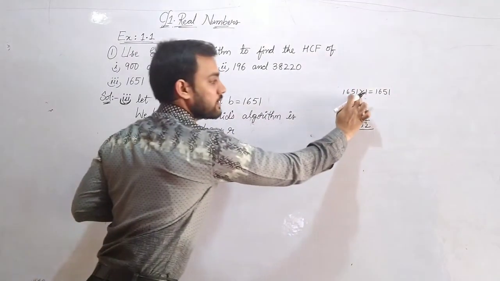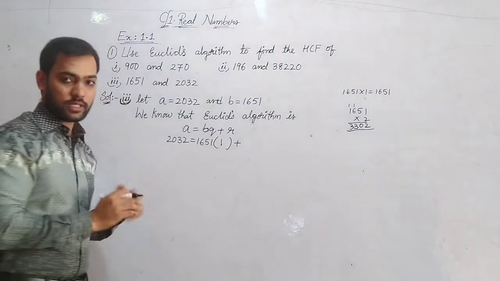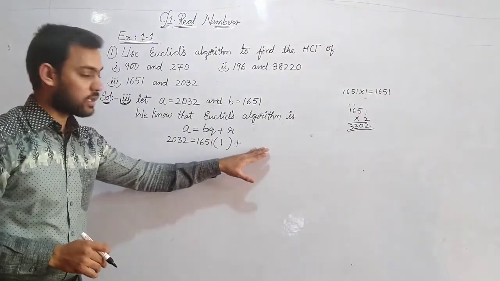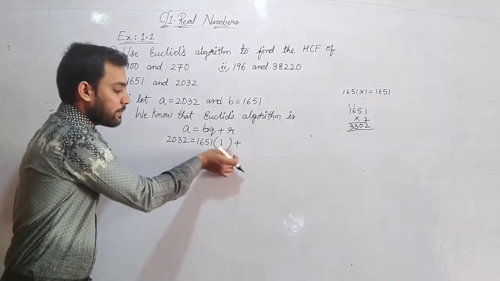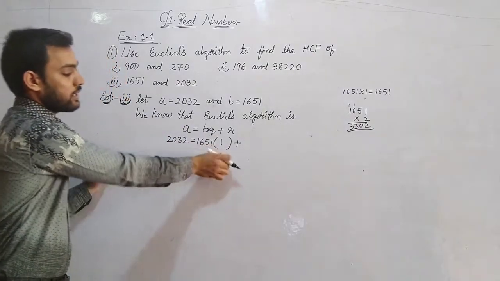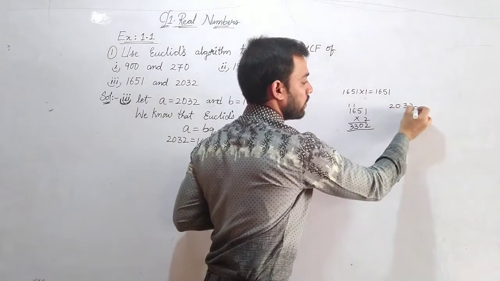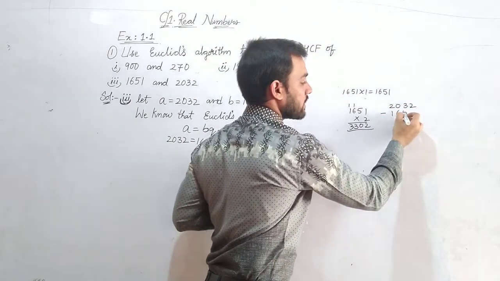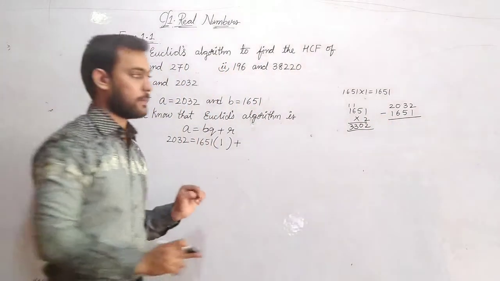So let us take 1651 ones are 1651 only. So how to check how many are remaining? From this number you need to subtract this product, whatever product you got here. Like 2032 minus 1651 only, because we are multiplying this with 1.